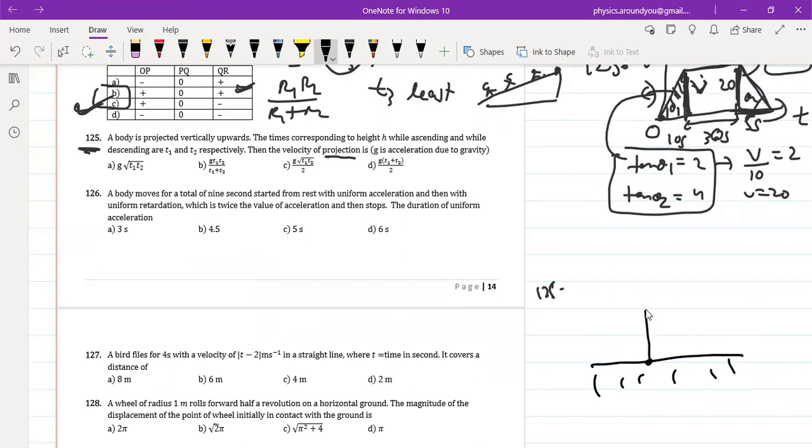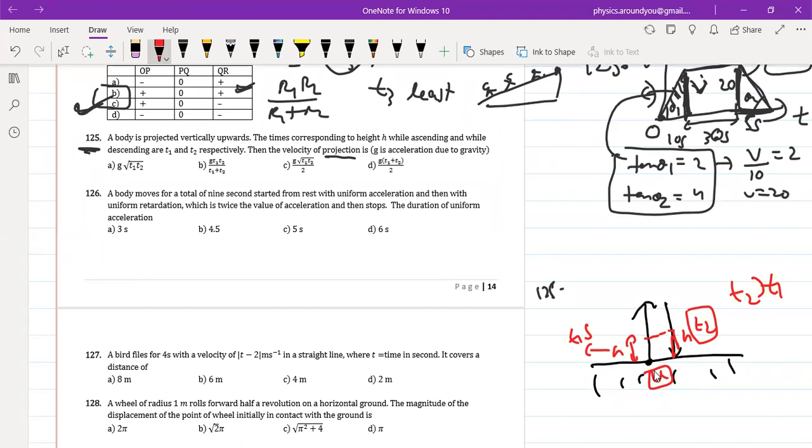First, it's going up and then it's coming down. Let it be at a height h. While going up, it is spotted at height h at t1 seconds. While coming down, it is spotted at the same h at t2 seconds. Obviously, t2 is greater than t1. They're asking with what speed was it thrown up?